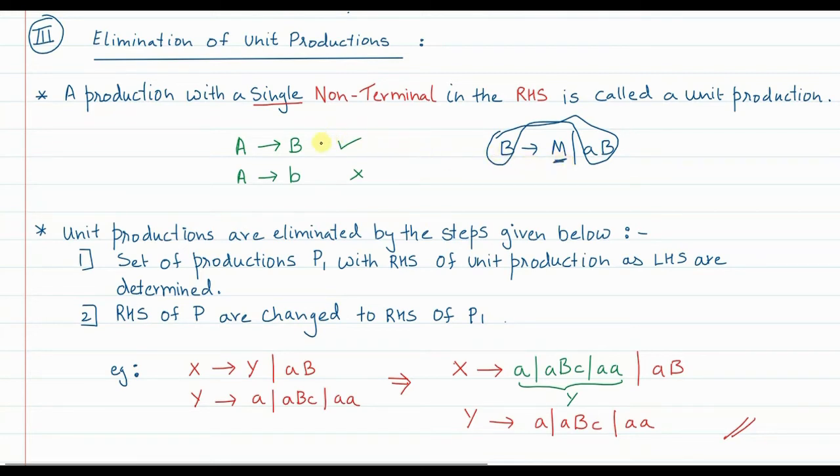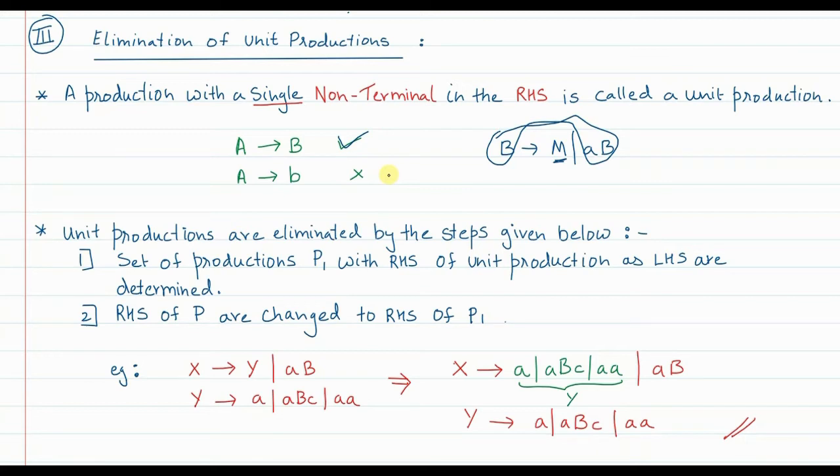Such unit productions always have to be eliminated from the grammar. So after null production elimination, we search for unit productions and try to eliminate them.